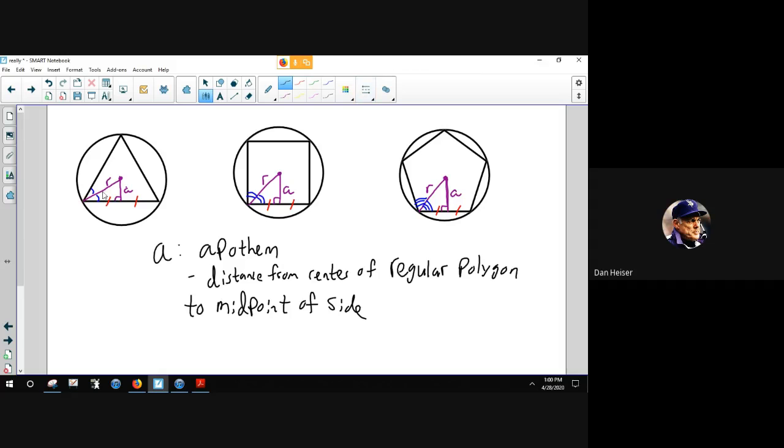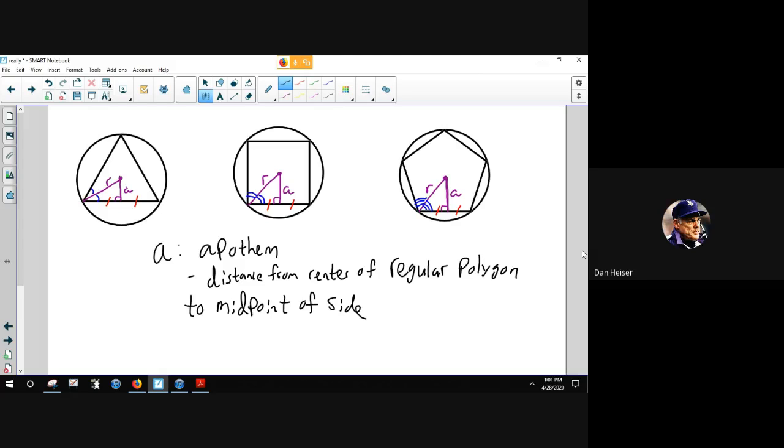So for example, in this triangle here, this is an equilateral triangle. I've drawn in 1 apothem, like so. There's also one here and also one here. With the square, there's one here, here, and also here. And with this regular pentagon, there's an apothem here, here, here, and also here.